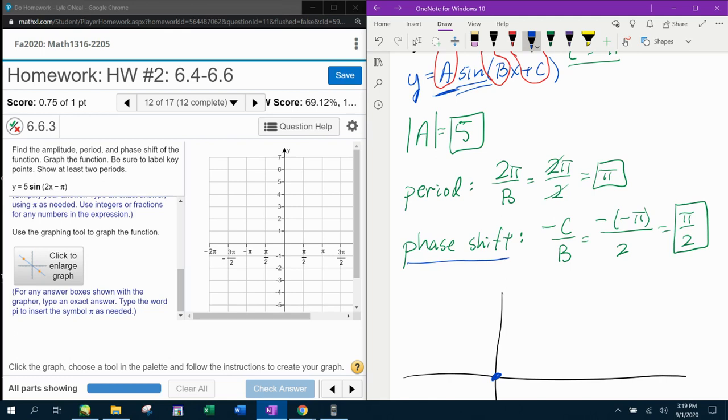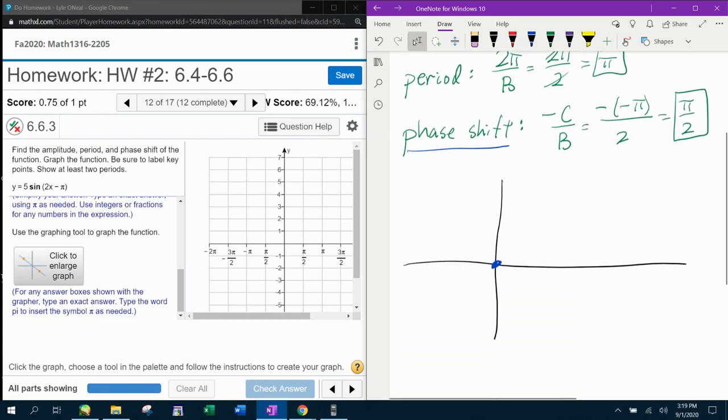So since we have a phase shift, that tells me that we're going to have to scoot this starting point over to pi over 2. So our phase shift is going to take the starting point and shift it over either positive or negative. In this case, it's positive pi over 2. And that's step number 2 is to take care of the phase shift, okay?